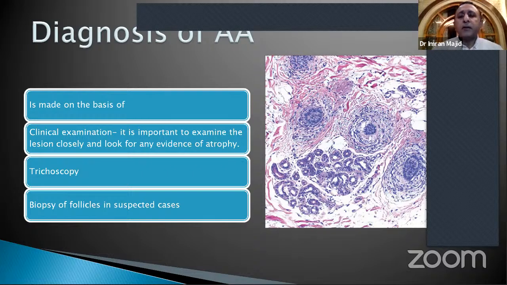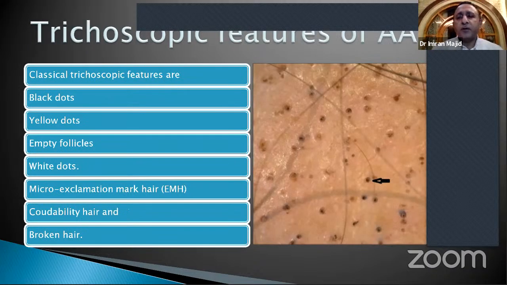Typical trichoscopic features of alopecia areata that we see are the black dots, the yellow dots, empty follicles, white dots, micro exclamation mark hair, cadaverized hair, and broken hair.